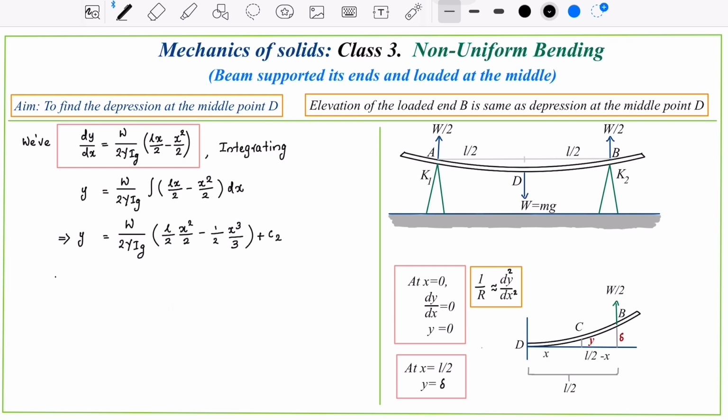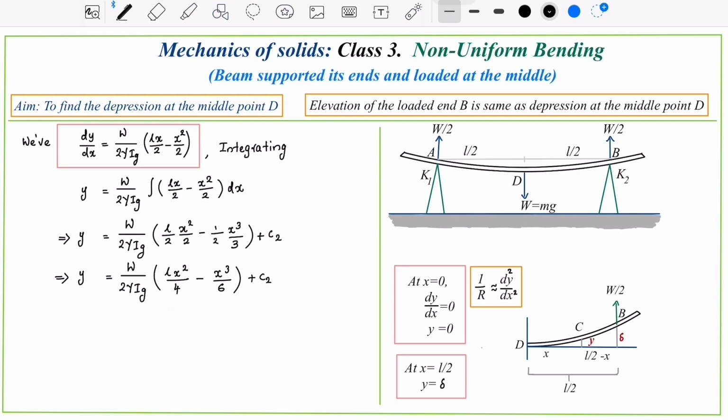Here again we have to evaluate the constant C2. So what is our y? y is equal to W divided by 2YIg into Lx square by 4 minus x cube divided by 6 plus C2.